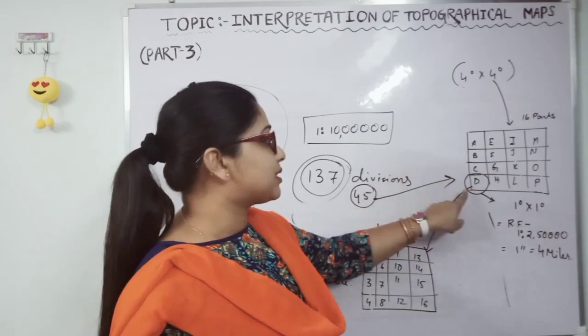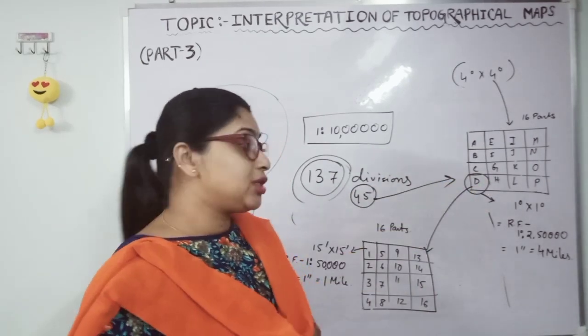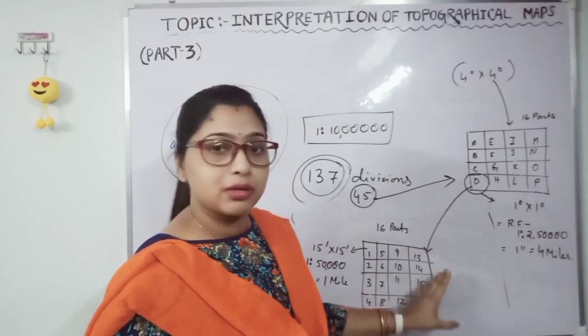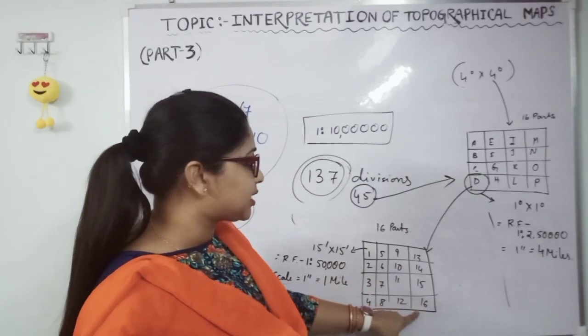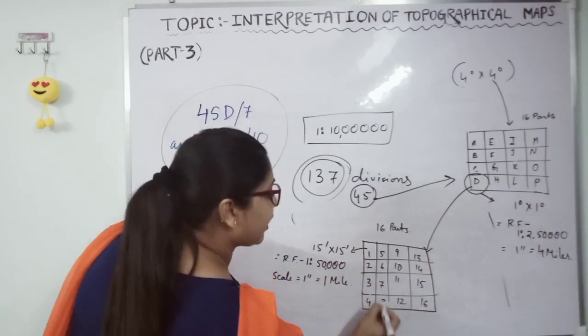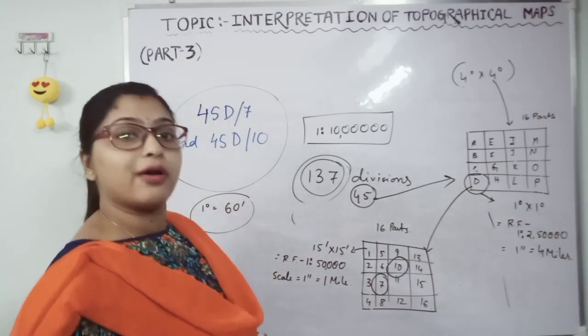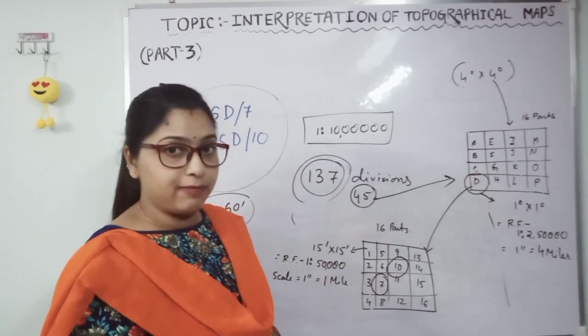Out of the 16, the D part was taken. It means Rajasthan and Gujarat, only this one, not the whole of Rajasthan and Gujarat, only the D part, which is also divided into 16 parts. Out of that they chose 7 and 10 for surveying, which is also included in our syllabus.